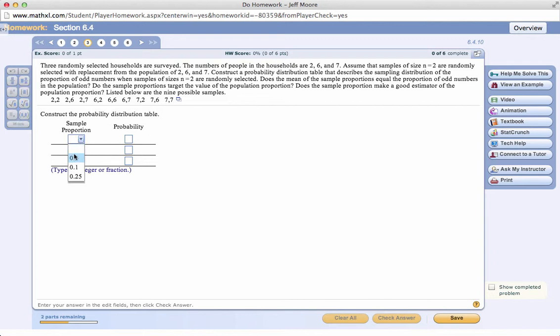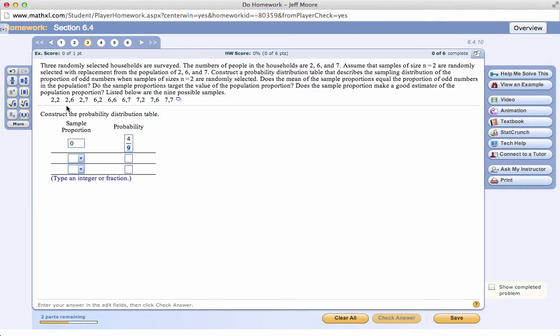But what we found is that we either have 0%, or from a proportion standpoint, 0, and that happens with the 2 and the 2, the 2 and the 6, the 6 and the 2, the 6 and the 6, and that's it. So we have 1, 2, 3, 4 out of 9.